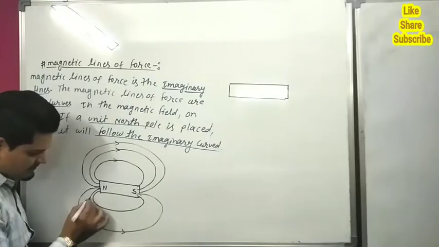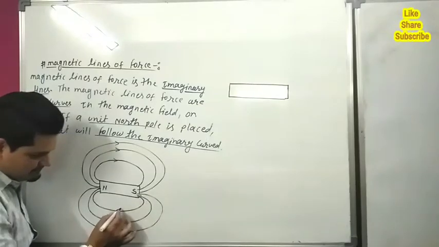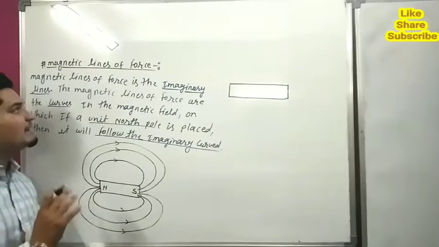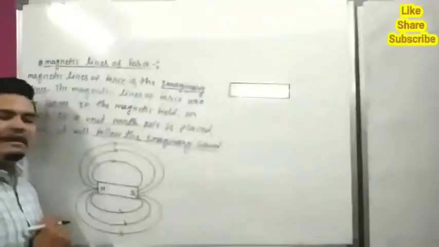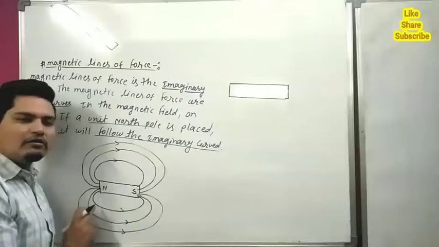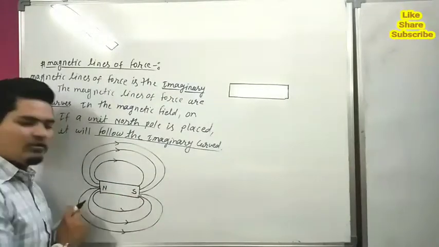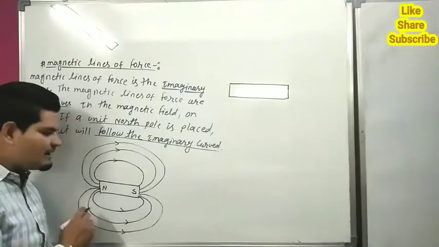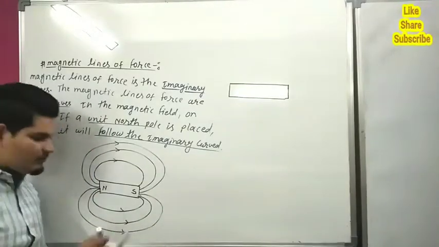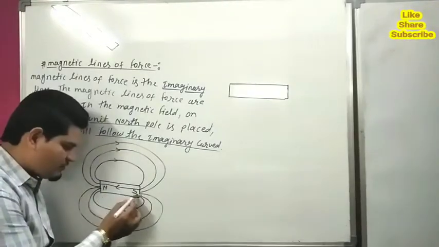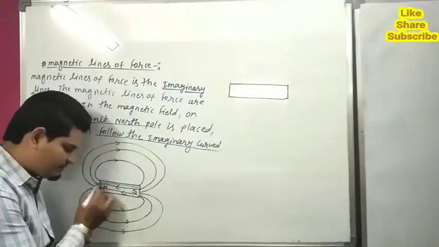It follows these types of paths. So magnetic lines of force are imaginary lines which start from north pole and end at the south pole outside the magnet, but inside the magnet these lines start from south and go toward the north pole.